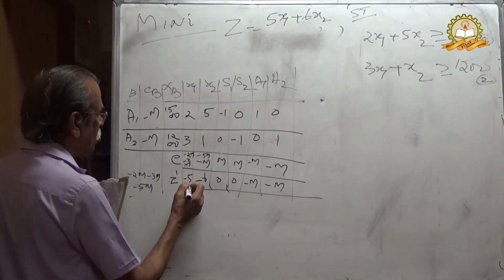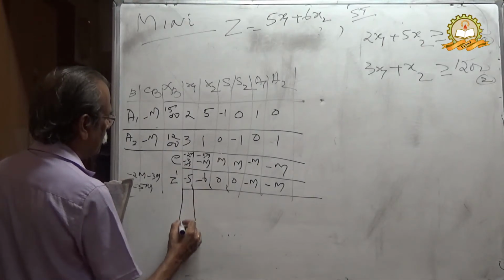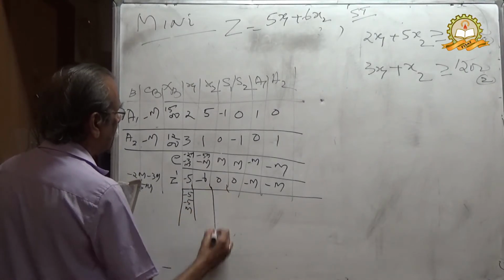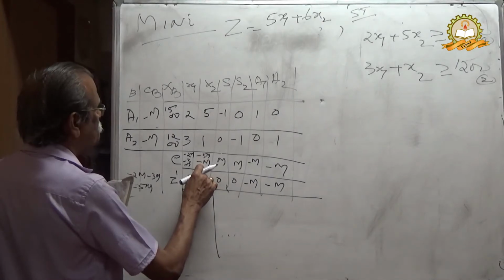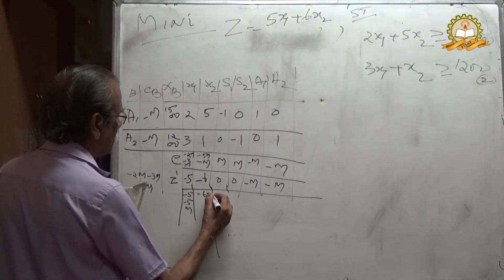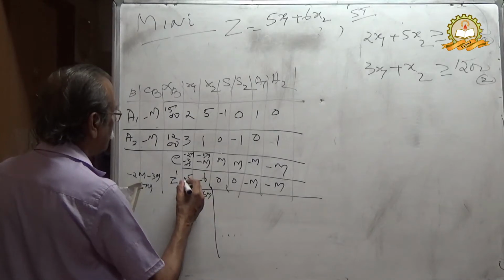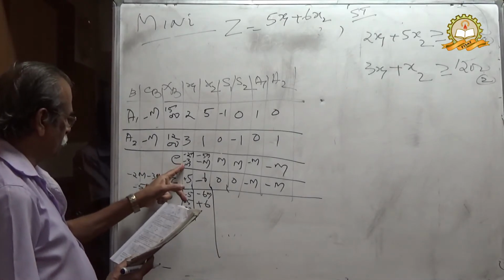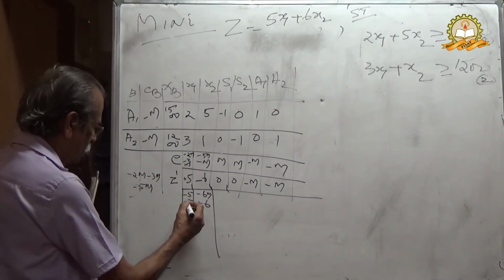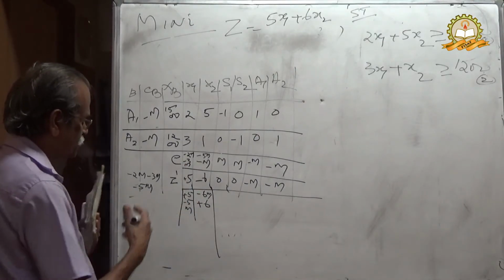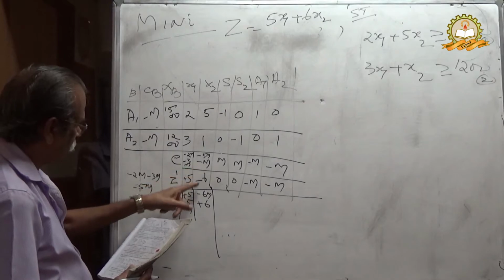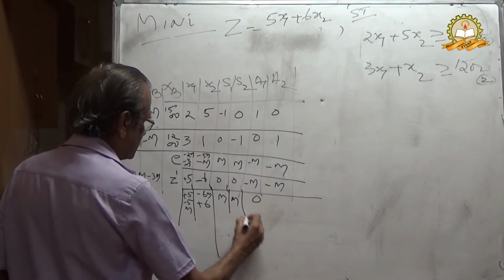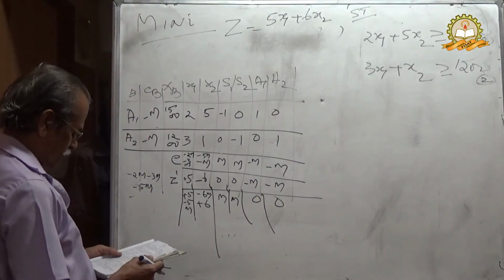Minus 5M, minus 5. Therefore you get minus 5 minus 5M. Under this you get minus 6M; subtracting, minus this becomes positive 6. Therefore it will be plus 5 minus 5M, minus 6M plus 6, and then 0, 0, 0, 0.